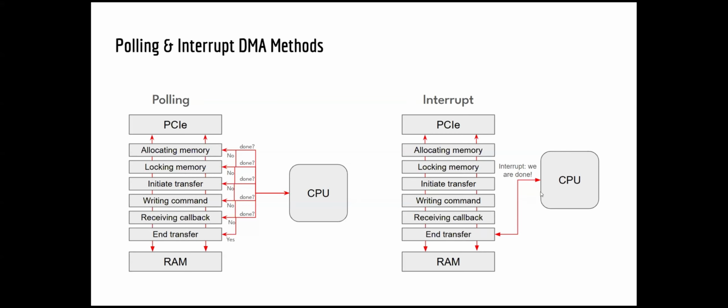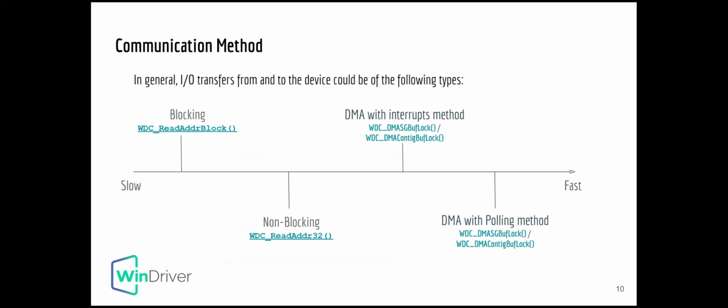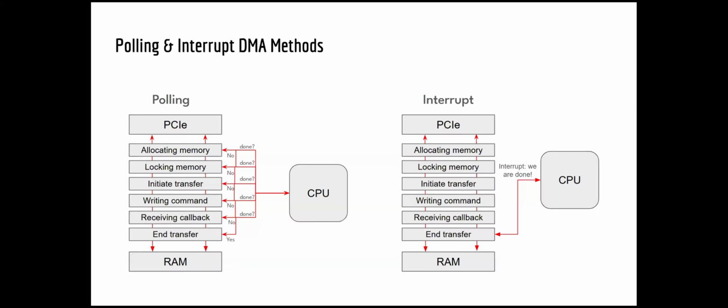So give us whatever you need, for us to continue or to synchronize other components within the computer. It is harder to implement, but it takes fewer resources. So these are the two methods for conducting DMA.